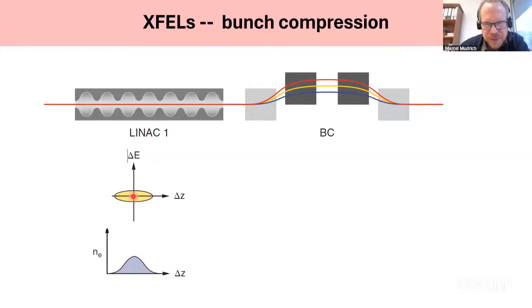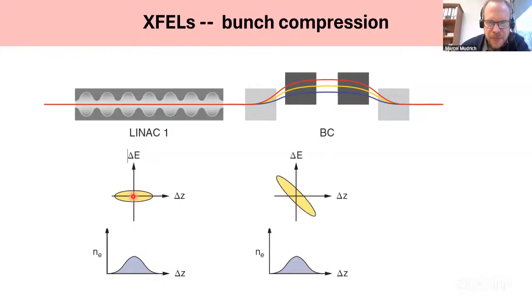So how could you increase the electron density? The way it's done is that these electron bunches are sent through what's called a magnetic chicane. This is just an arrangement of dipole magnets that basically deflect the electron bunches laterally, and the electrons are deflected on different trajectories as a function of their energy.